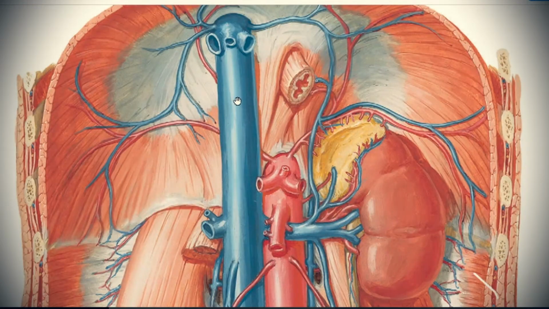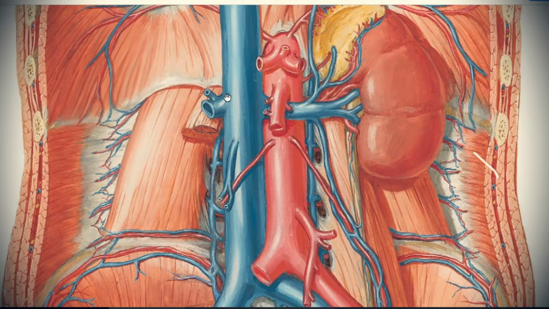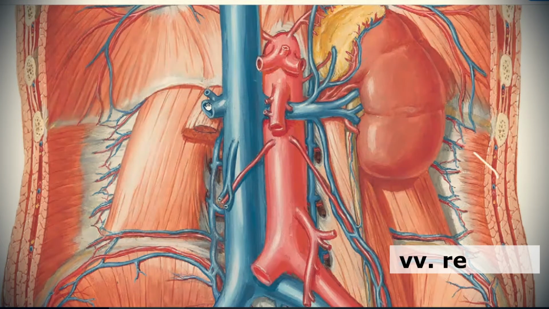So vena cava inferior has a few visceral tributaries from paired organs, and the main of them is the vena renalis, dextra and sinistra. As you can see, the left and right kidney veins fall into the vena cava inferior. They are different because, as I already told you, the vena cava inferior is situated to the right of the aorta, to the right of the vertebral column.